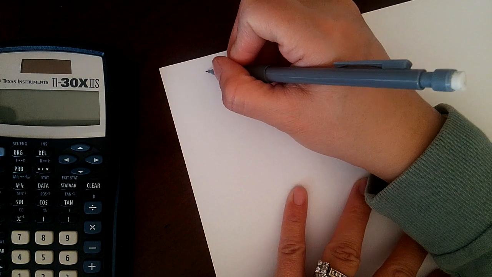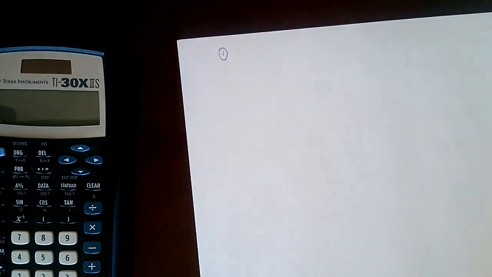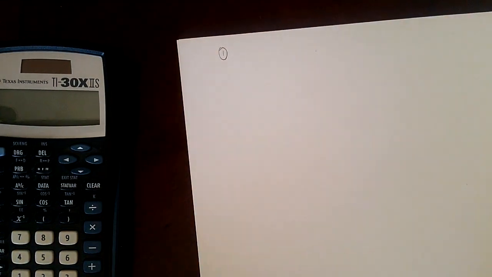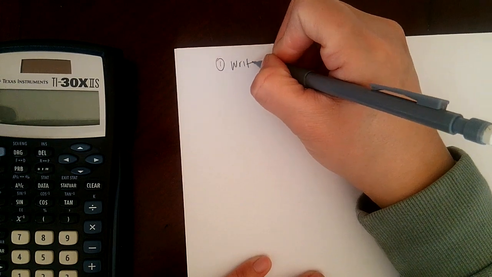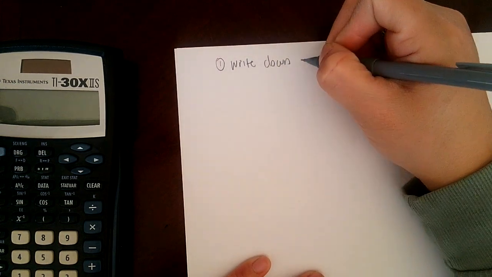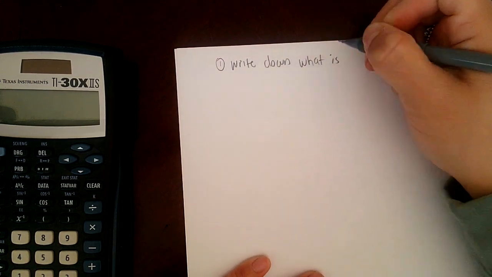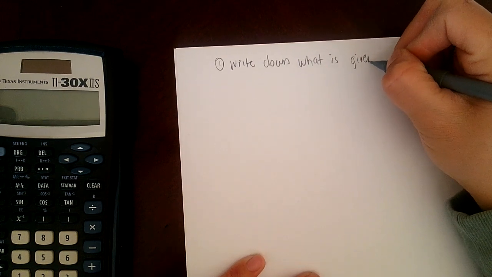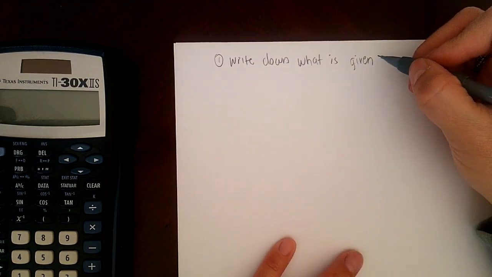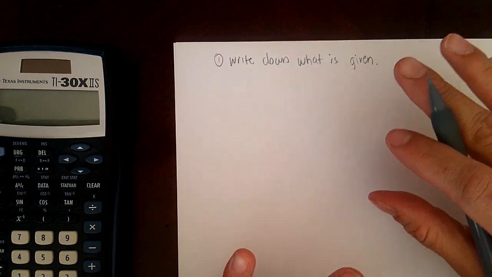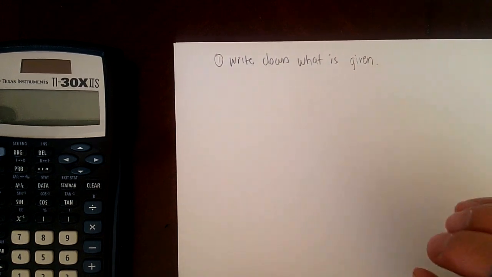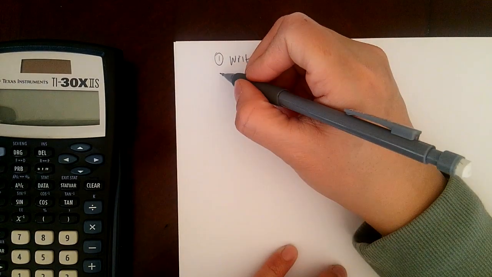So if you remember, step one is always to write down what you're given. So in the problem, you will always have a number with a unit given. So make sure you write that number down.